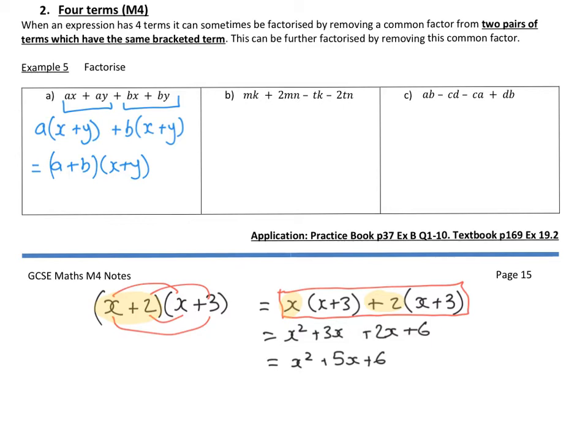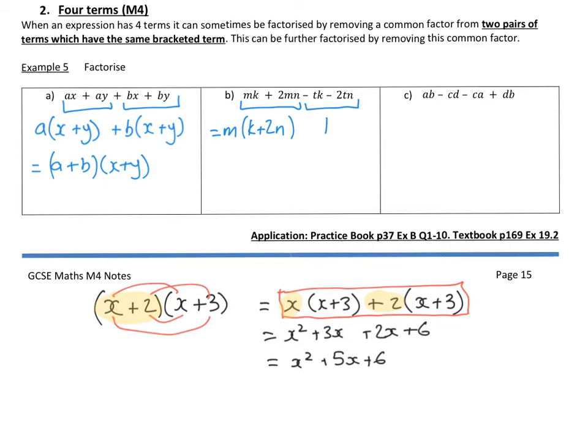So in example B, we do the same idea. We split them into their pairs, and we need to factorise them. So mk and 2mn, there's an m common, so we'll put that outside the bracket. Then we've got k plus 2n inside the bracket.